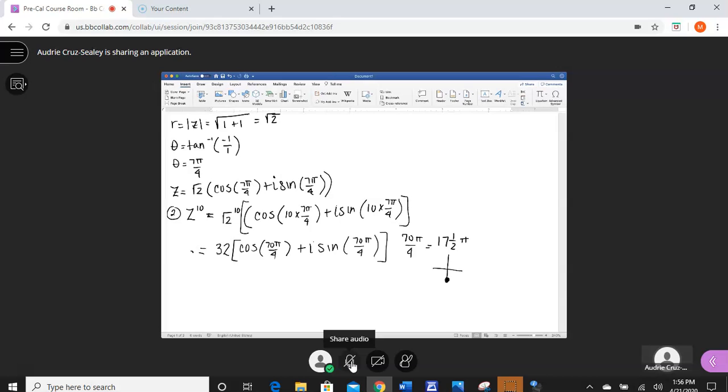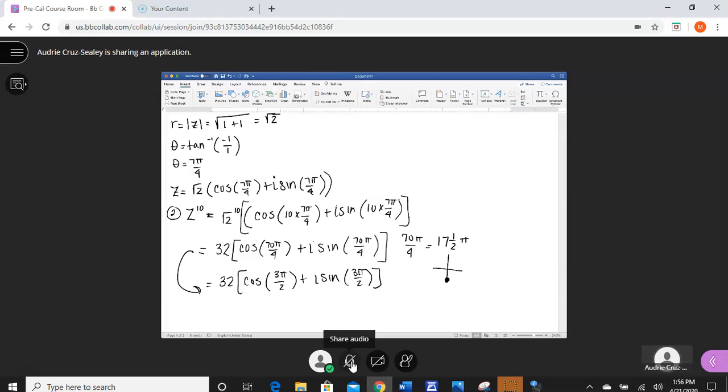So this and this are the same thing. You're going to get the same answer, even if you simplify it.